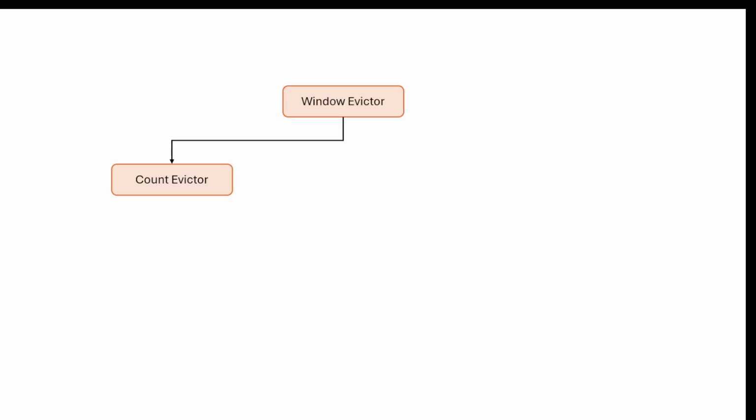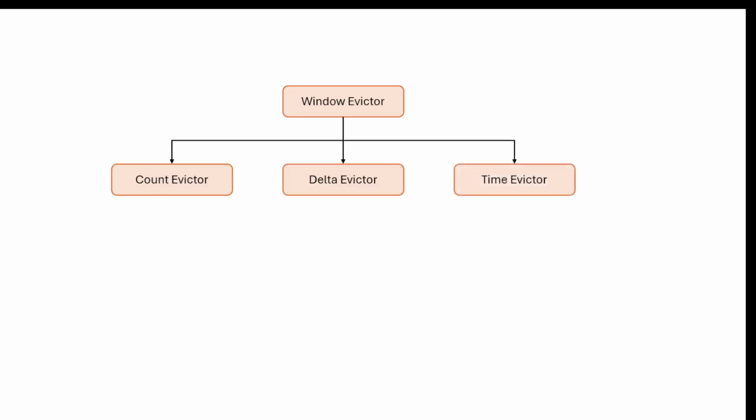For example, let's say we are calculating an average and we decided that in a window we should only have 10 records. So this count evictor will keep on adding elements till the counter has reached 10. The moment it reaches 10, the window function will be called.